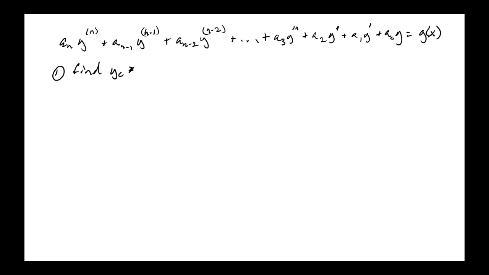The second part is find any particular solution. I'm just going to call it y sub p, a particular solution of the non-homogeneous equation. Just a little note here. Your complementary solution will have n arbitrary coefficients, c sub 1, c sub 2, c sub 3, just like that last one had 3.